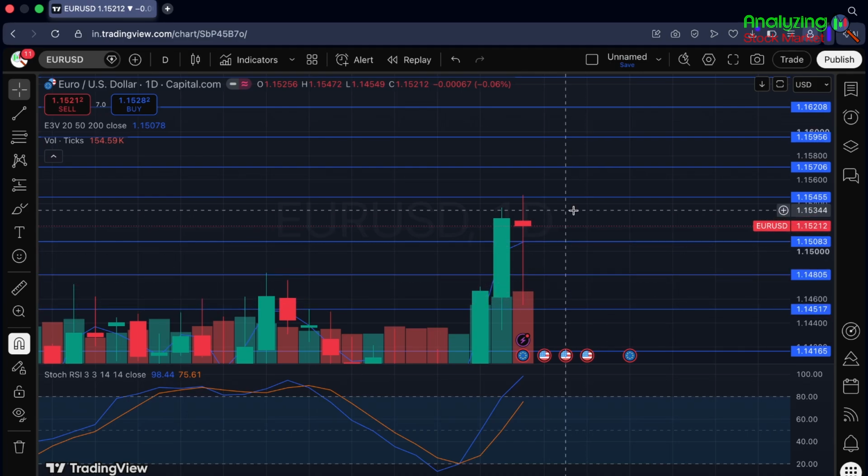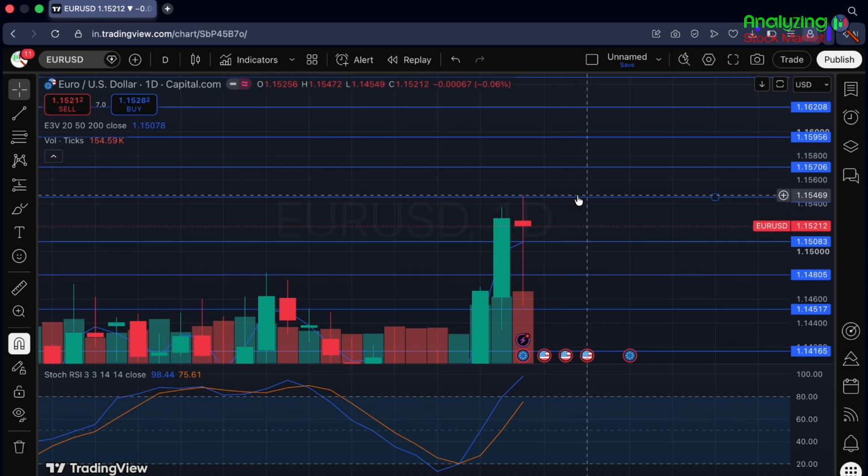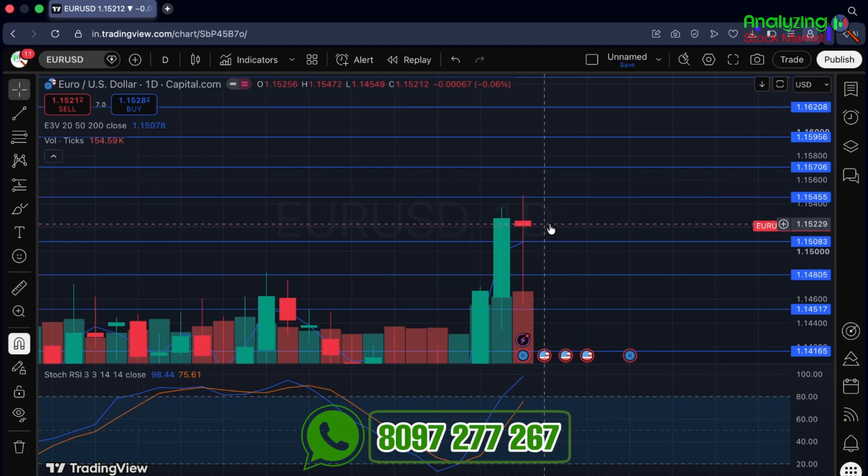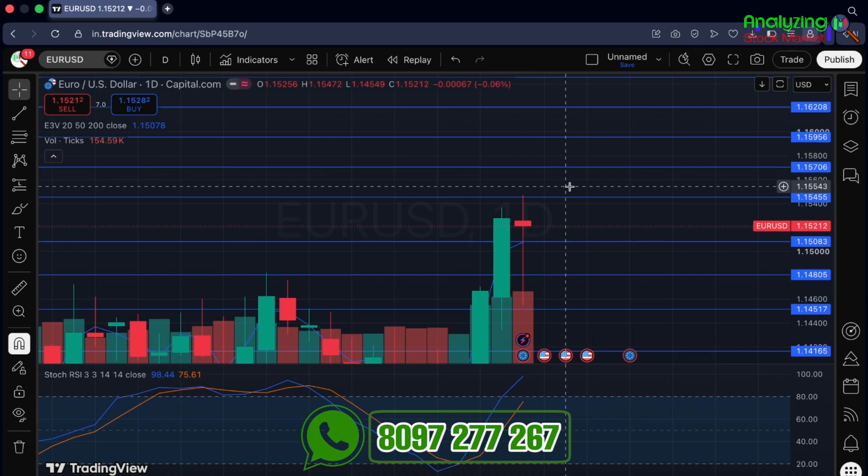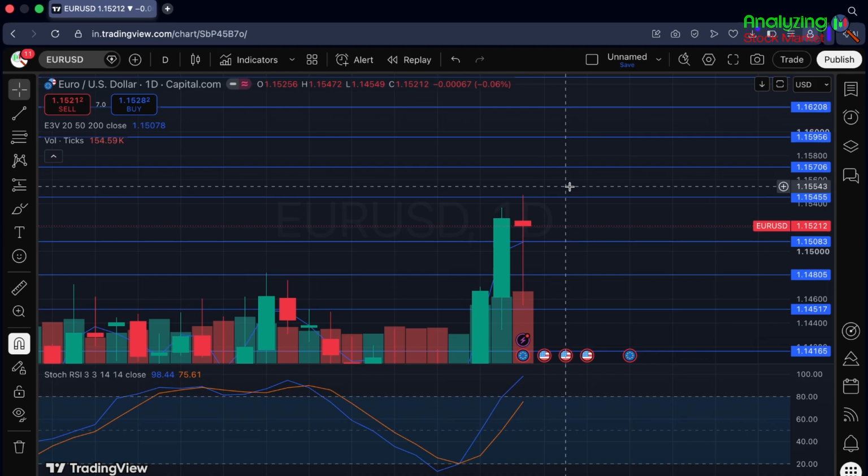But if you're going for any long trade, then only go for a long trade once 1.15455 gets breached with a 4-hour or 1-day candle closing. Then you can go long till the next level and trade accordingly. If you're a positional trader, you can trade accordingly. But if you're an intraday trader, always go for a 1-hour or 4-hour candle, analyze the direct support and direct resistance, and then take a trade around the 15-minute time frame.